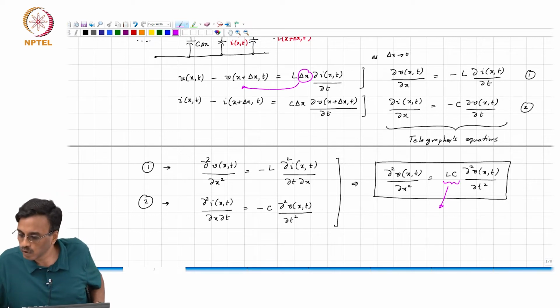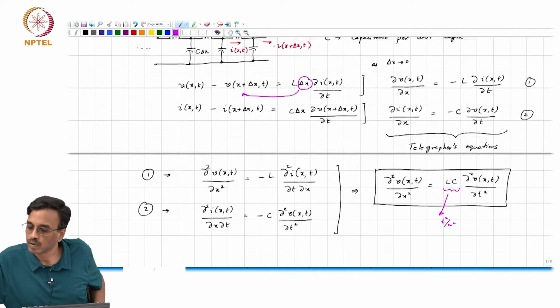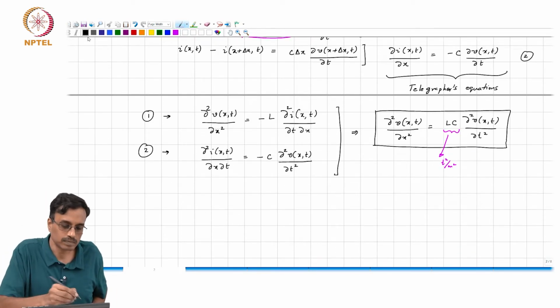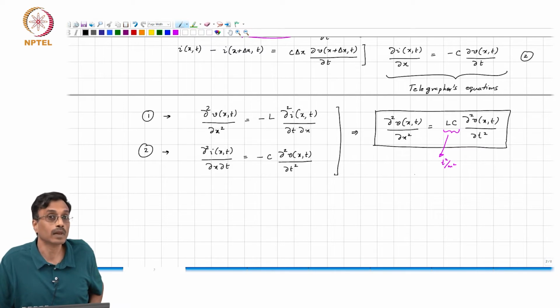Very good. So, this, by the way, as you all know, is called the wave equation.